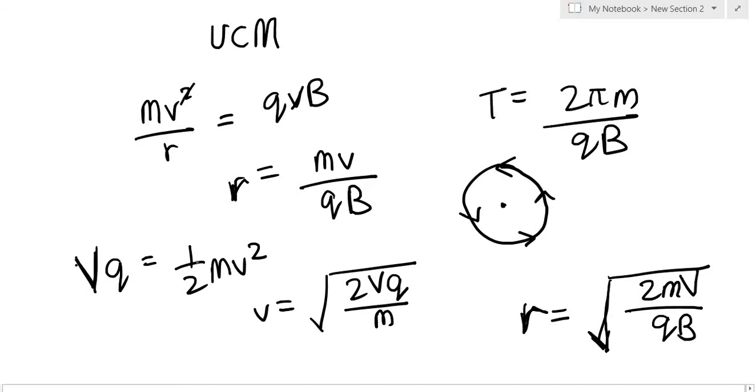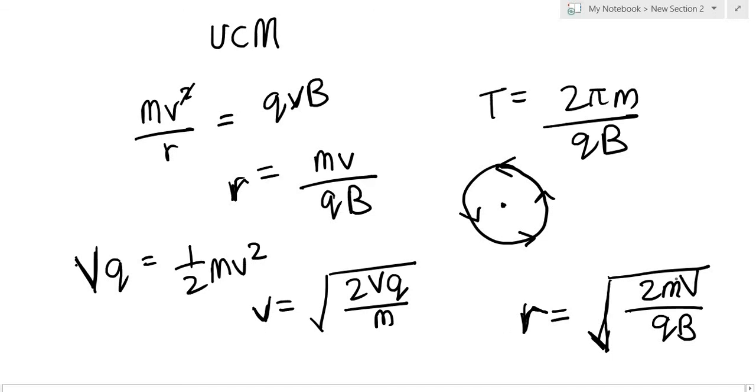And work is equal to change in kinetic energy, so work is the potential times the charge. Then you make v the subject, plug it into the radius equation, then change the terms accordingly to the formula.